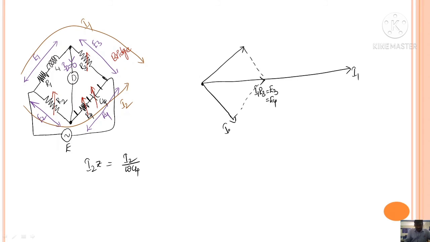So it is I2 by omega C4. This is the voltage drop across the capacitor.